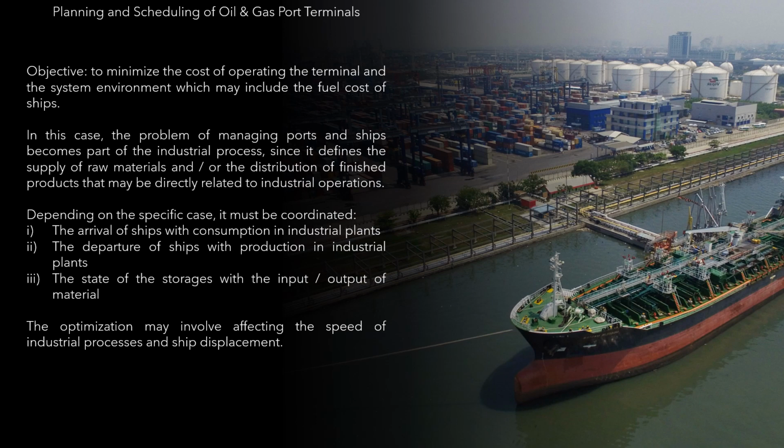Depending on the specific case, it must be coordinated: the arrivals with consumption in industrial plants, the departures with production in industrial plants, and the storage level with the output of material. The optimization may affect the industrial process's speed and the ship's speed.